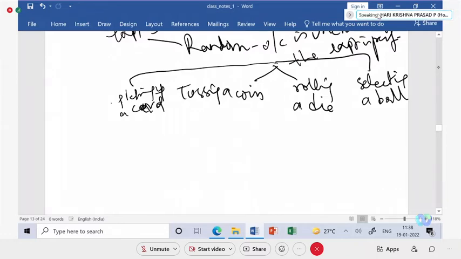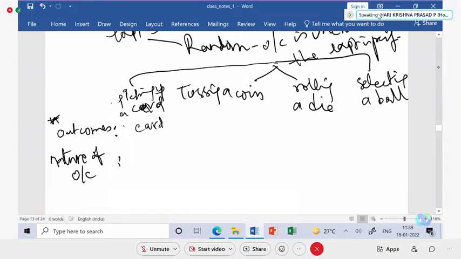That's why I missed this. Thank you. Let us see the nature of the outcomes. Nature of outcomes. When you try to pick up a card from a bunch, card is the outcome.